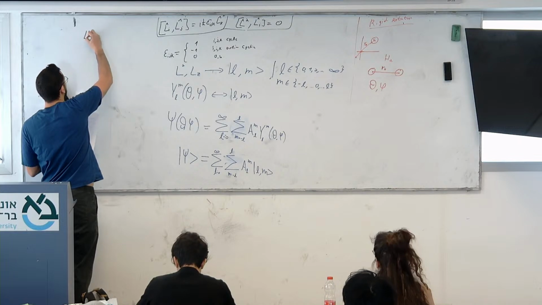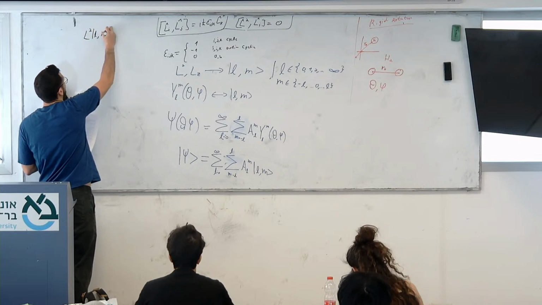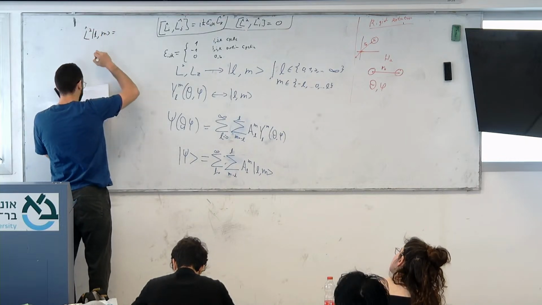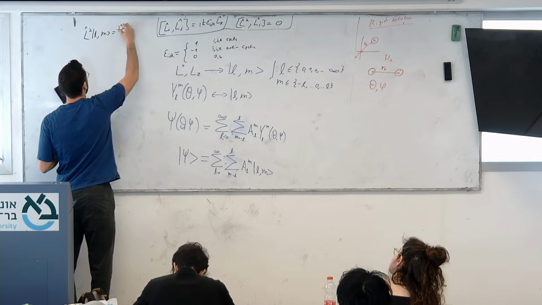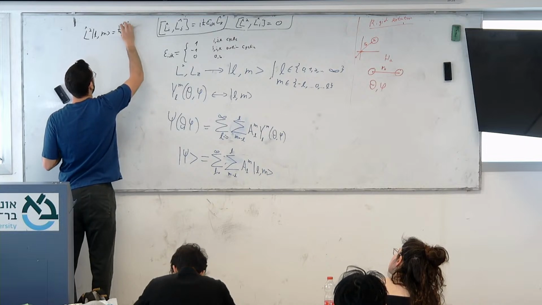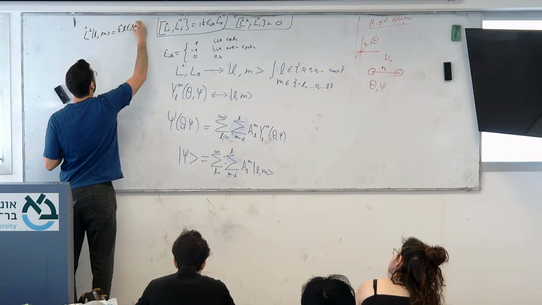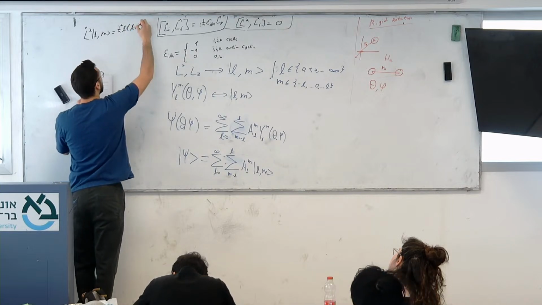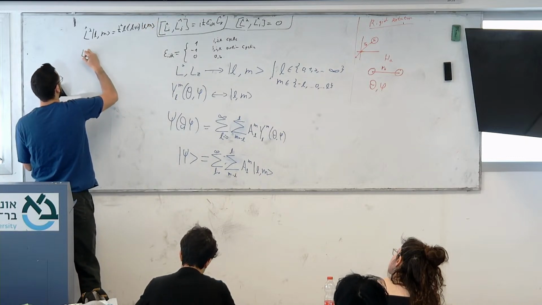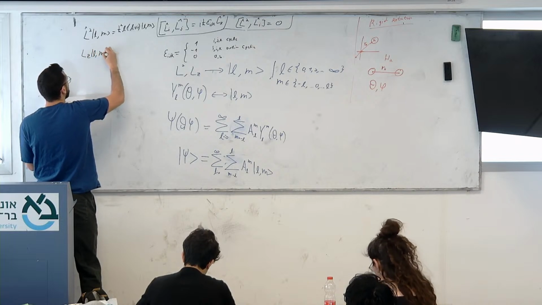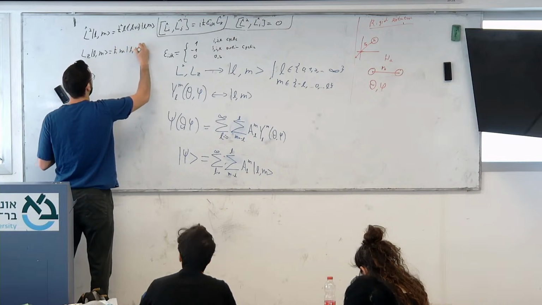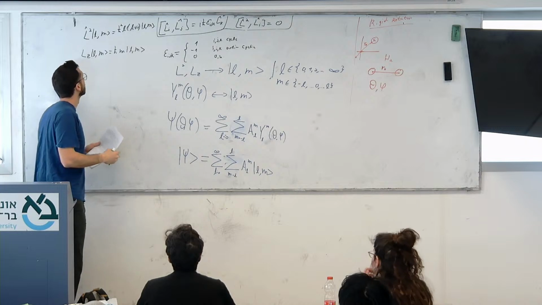Meaning, if we operate L squared on some state |L, M>, we get ħ² L(L+1) |L, M>. Similarly, if we apply L_z on |L, M>, we get ħ M |L, M>.